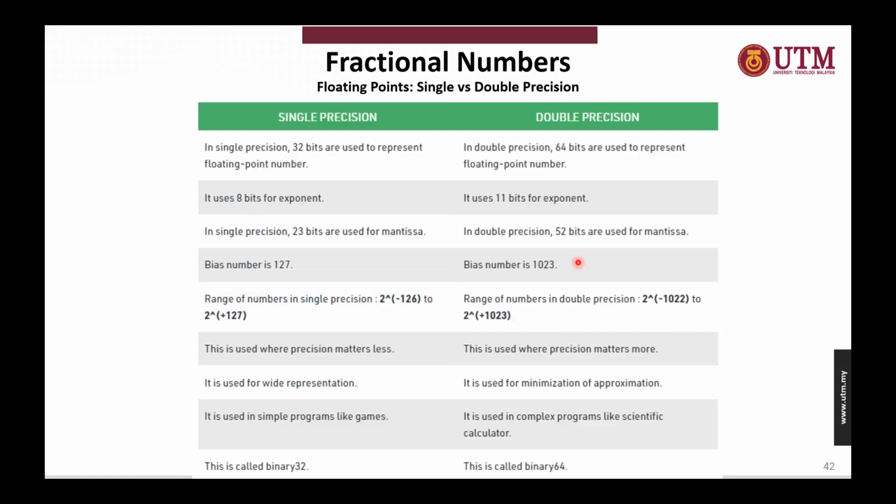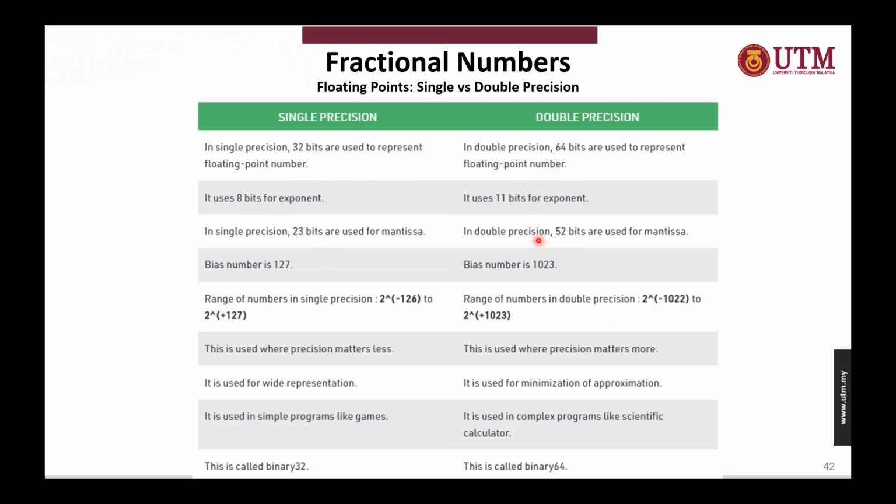Here are the advantages of using single precision and double precision, which is the difference between the single and double precision. For single precision, 32 bits are used to represent the floating point number: 1 bit is for the sign, 8 bits are for the exponent, while 23 bits are for the mantissa.